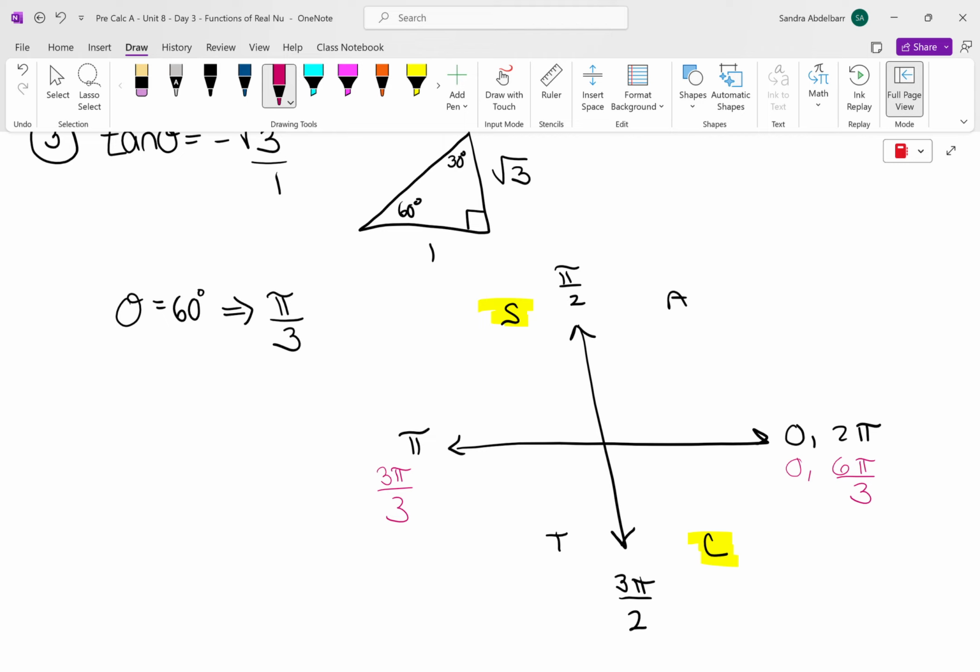Okay, so now I have to go to quadrant 2 and 4. I can't be in quadrant 1, because in quadrant 1, tangent is positive and our tangent is negative. So I'm starting off here.